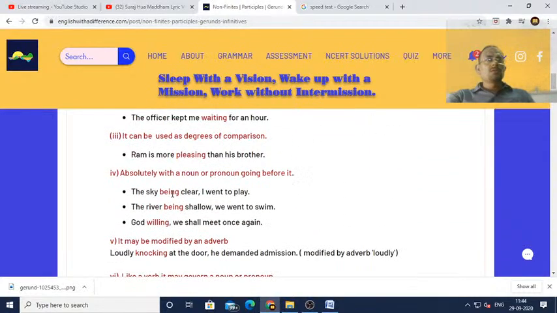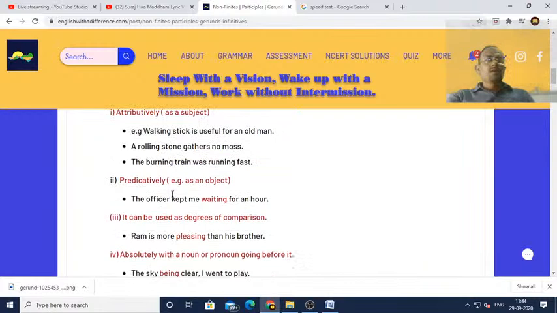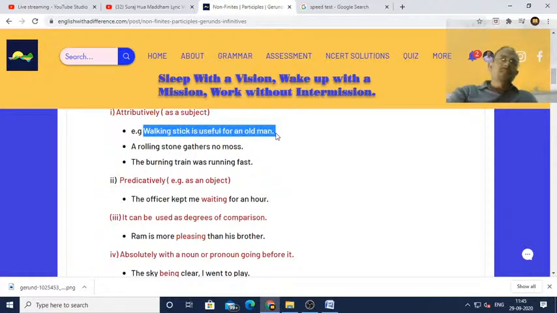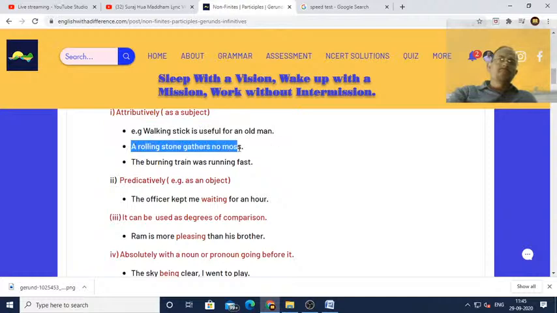So here also you can see it is used attributively. "Walking stick is useful." "A rolling stone gathers no moss." "The burning train was running fast." Here -ing is also used before the noun, but mostly in these examples it is a single sentence, only a single part of the sentence.